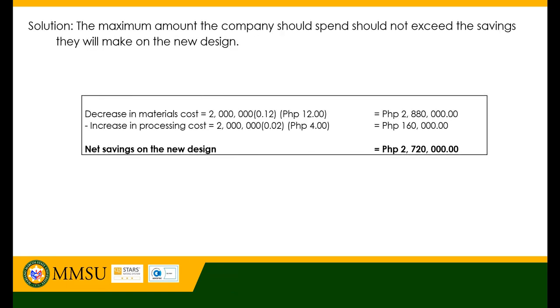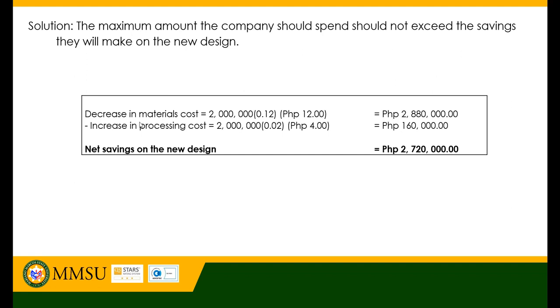So, yung decrease in materials cost is 12%. So, multiply lang natin. So, dapat alam natin kung magkano yung overall materials cost. That's the product of 2 million and 12 pesos daw per unit. Okay, yung cost. Times 12%, yan yung mare-reduce na cost dun sa ating materials.